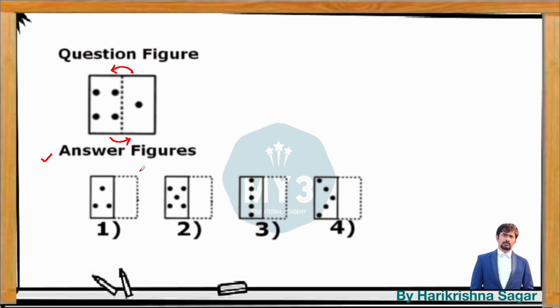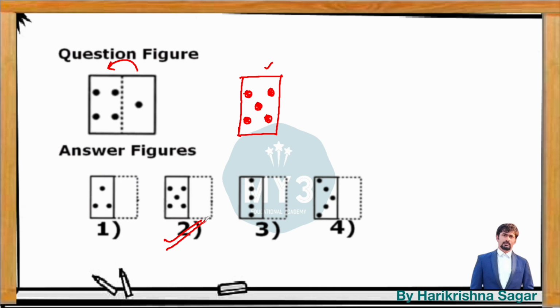That means you are folding this part on top of this part. That means the original figure will be as it is. What is the original figure? Initially the 4 circles are there. This will be as it is. There is no change in the original figure. And because of this folding, the dot at the center will come and fall here. This is the figure which is going to look like. So your answer choice must be option 2.